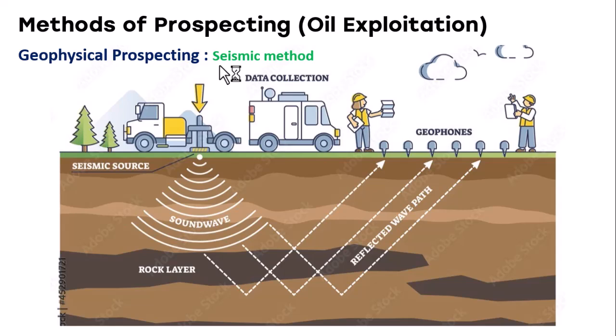This reflected wave path is collected by geophones, and the data from these geophones are collected in the data collection center. This data is after that analyzed and interpreted to know more about the rock layers, the reservoir and the oil deposits.